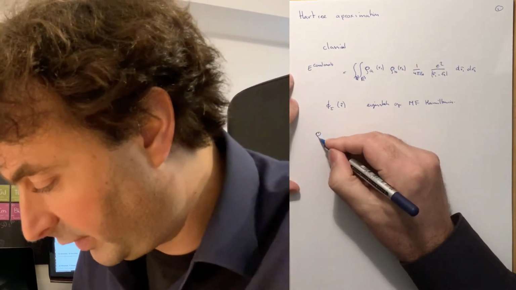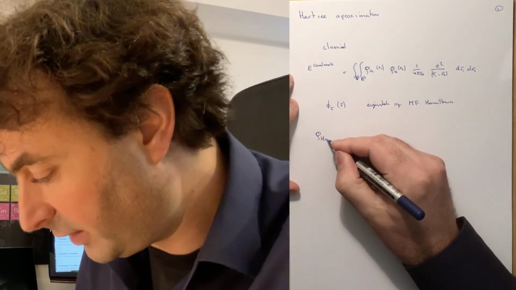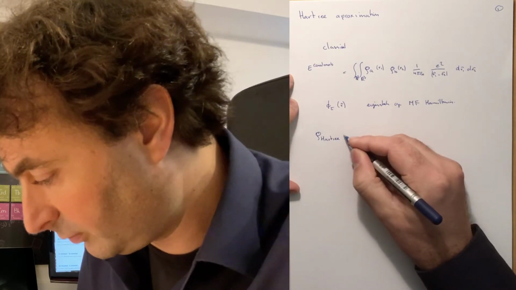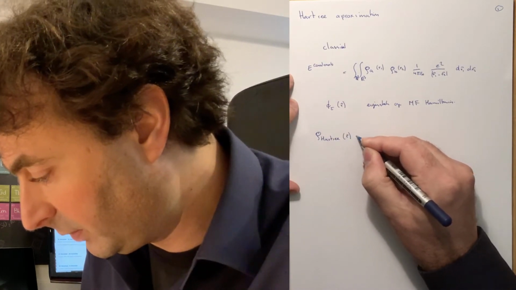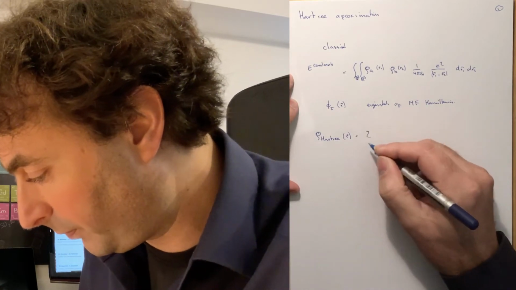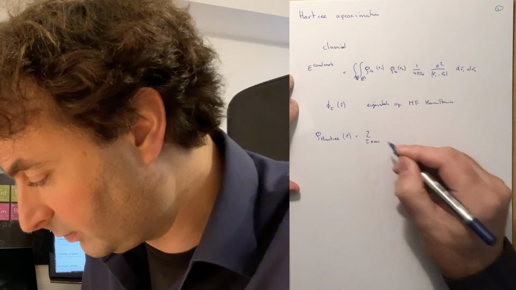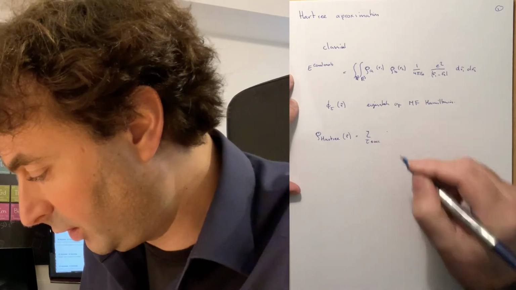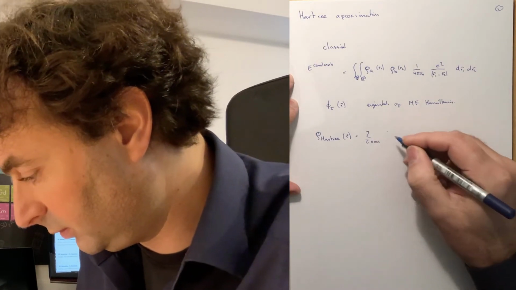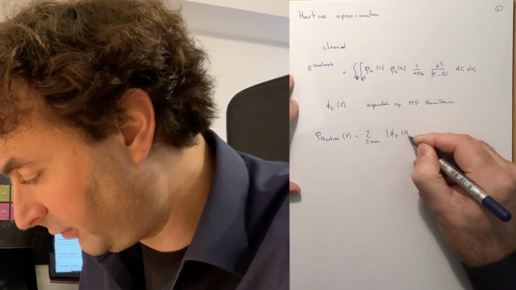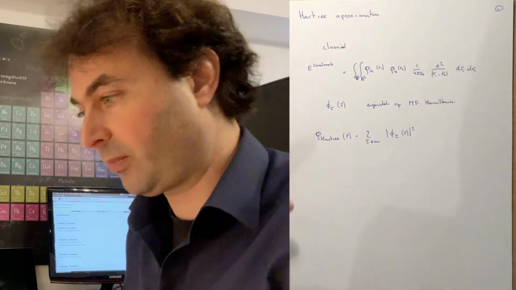Then we can define the charge density that we have in the Hartree approximation as a function of r, and it is the sum over all occupied orbitals and then the charge density that we have for each of the orbitals.